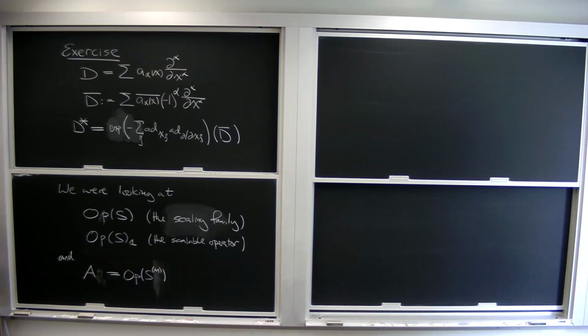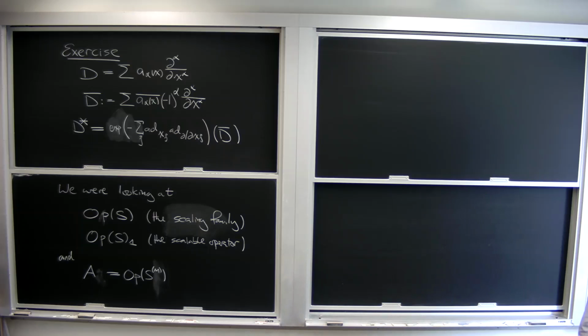And what you get is not what you started with necessarily, but it's something that agrees with what you started with at the symbol level. That is to say, the symbol of op of S is just S. And so the difference between A and op of the symbol of A is effectively a family of operators of one lower order.